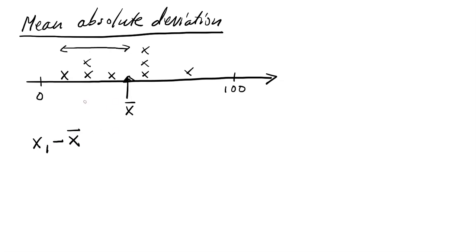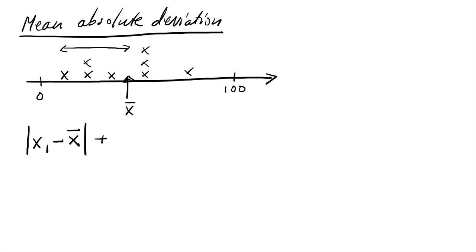We get the distance here, but we will get a negative number. We don't want a negative number, we want the distance. We want to remove any signs. And in mathematics, if you put bars like this, it means to remove any sign of whatever you have in the middle. Okay, so this is the distance between the first one and the middle.